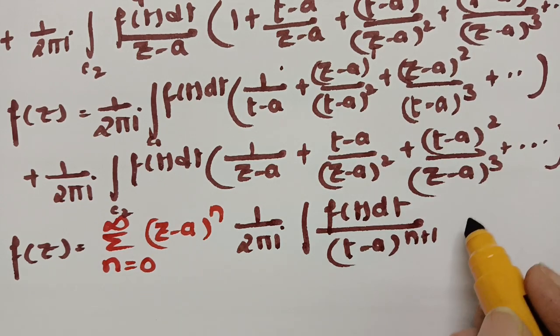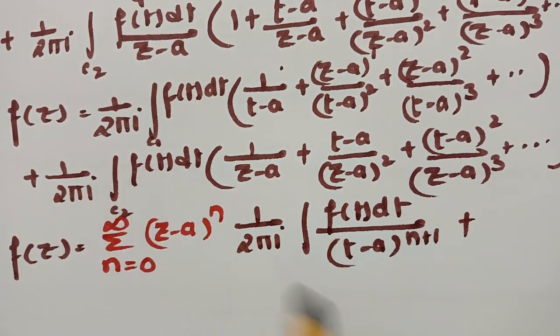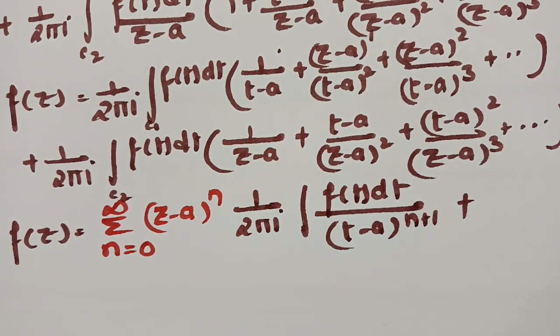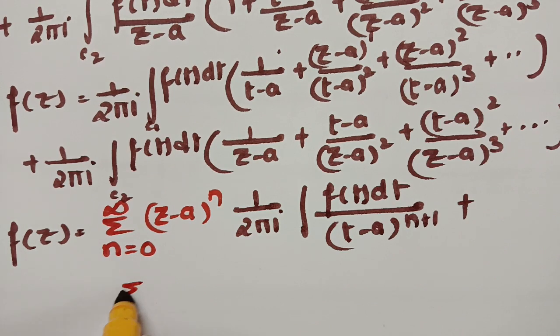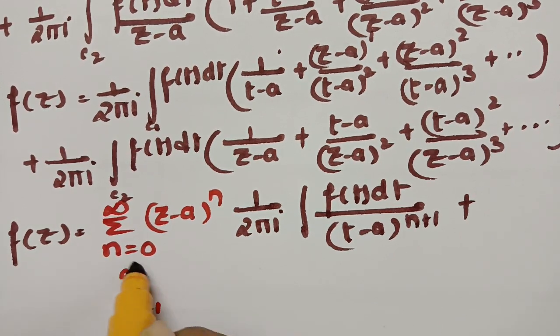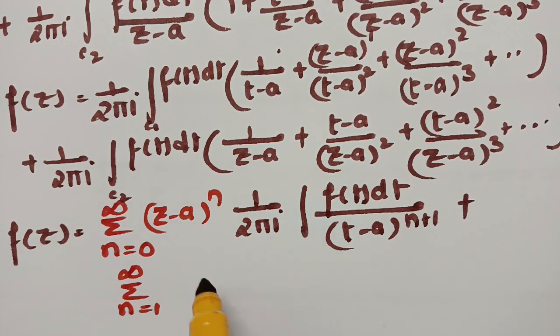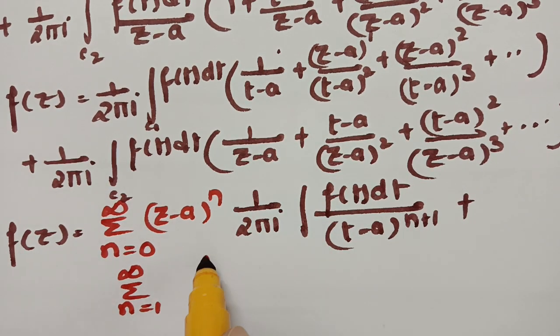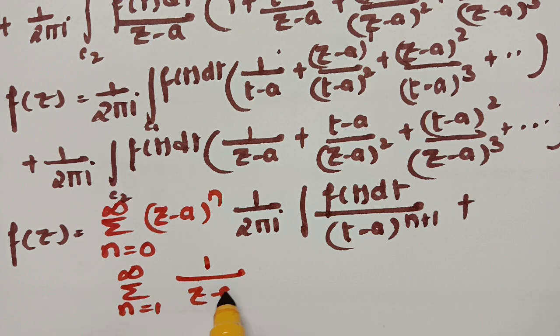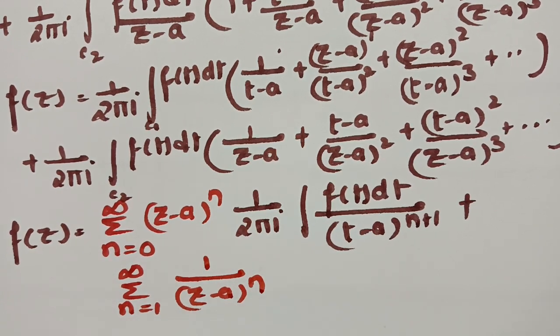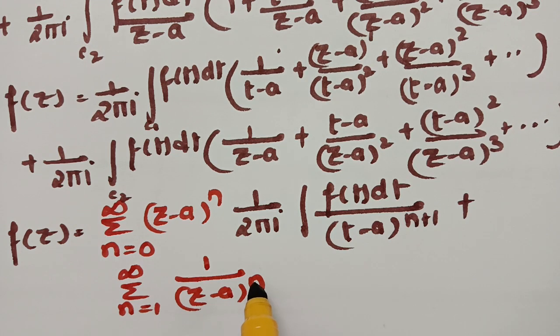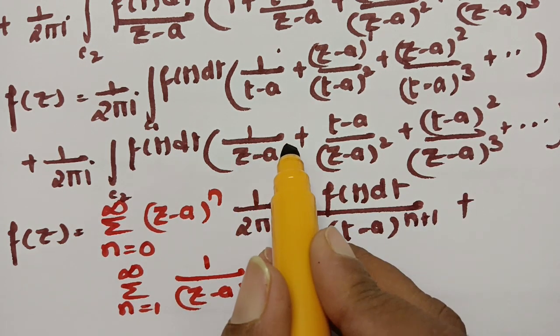Clear? Next, this term I am writing as sigma n is equal to 1 to infinity. So I'm starting with 1. Why 1 here? This can be written as 1 by (z minus a) power n. If I keep 1 here, I'll get (z minus a) power 1.